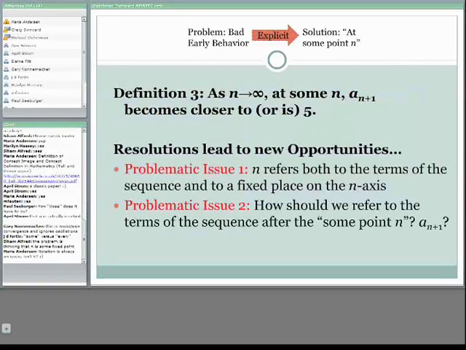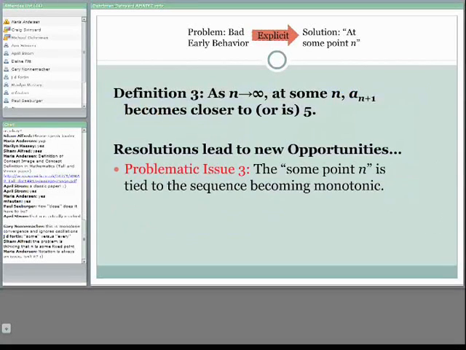And I'm going to show you some discussions in which, in talking about that, they introduce this idea of, well, what that really means is there's some acceptable range, and once you're in that range, then that means you're close enough. And then what's going to happen is they're going to transfer this idea of "at some point n" to where the sequence enters that acceptable range.